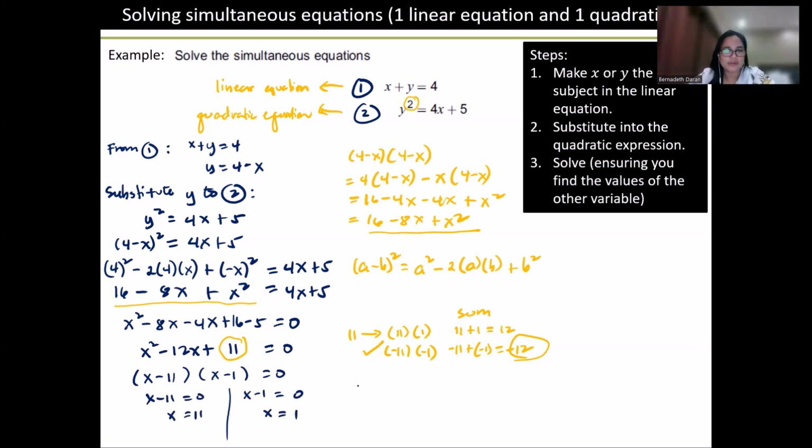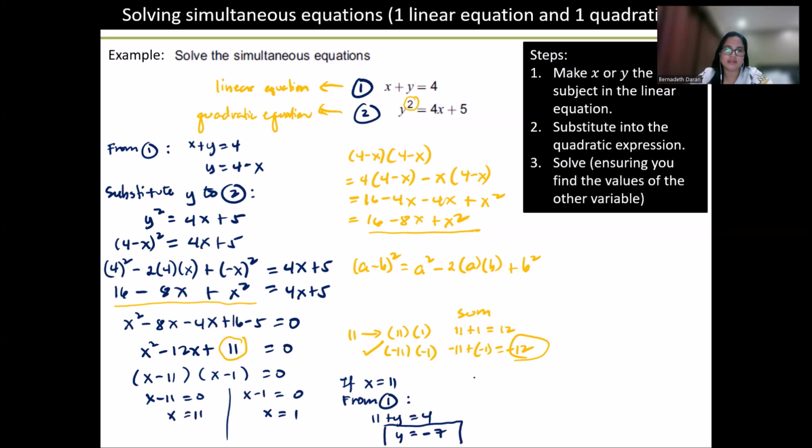Now, if x is equal to 11, then we are also going to have two values for y. So let's substitute this in equation 1. From equation 1, we can have 11 plus y is equal to 4, or y is equal to negative 7.